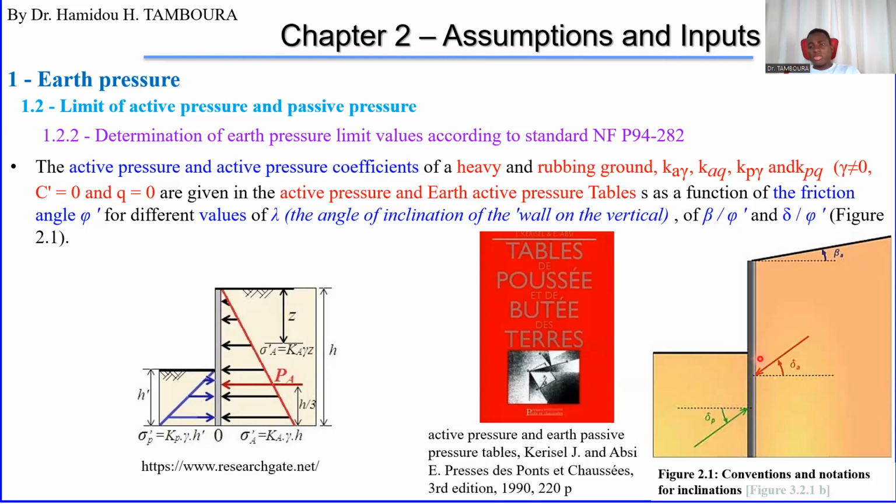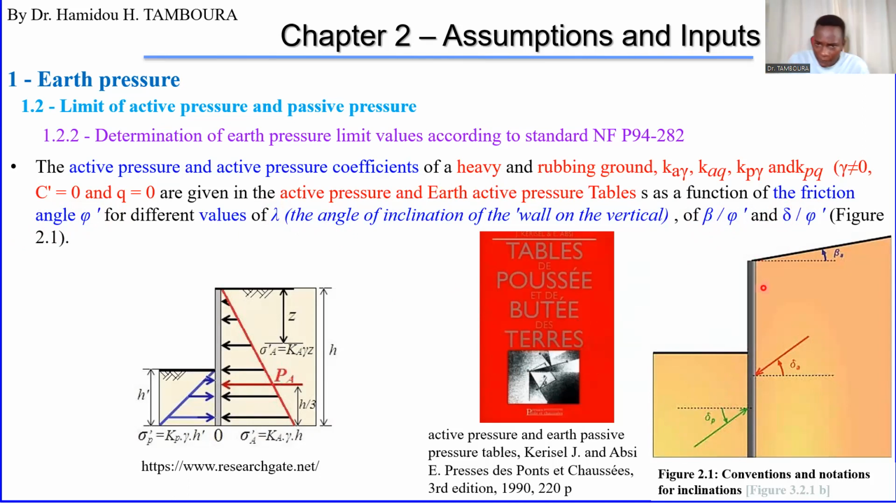So it means the values of the coefficients given in this book are all functions of these parameters: phi prime, this lambda, beta, and this small delta.